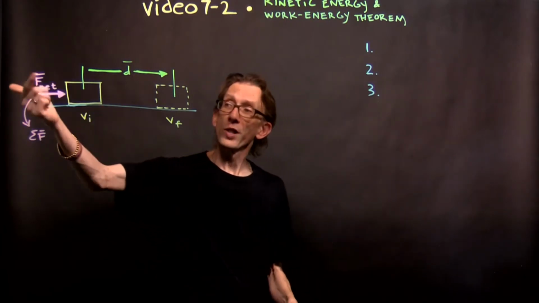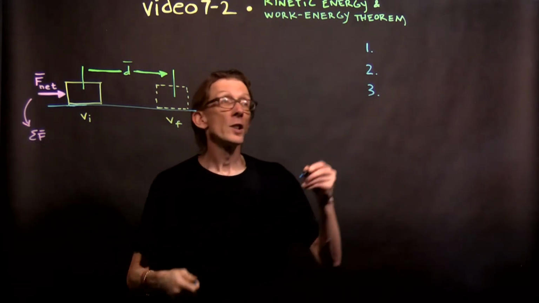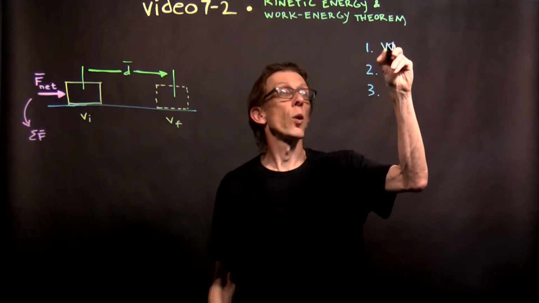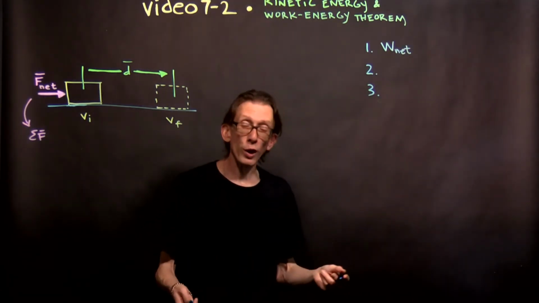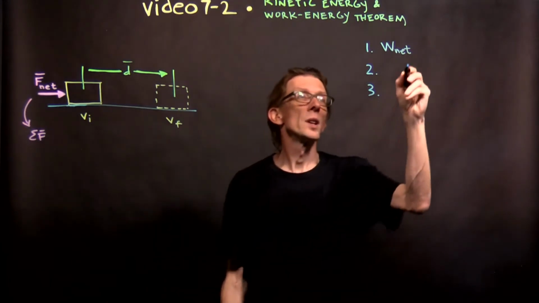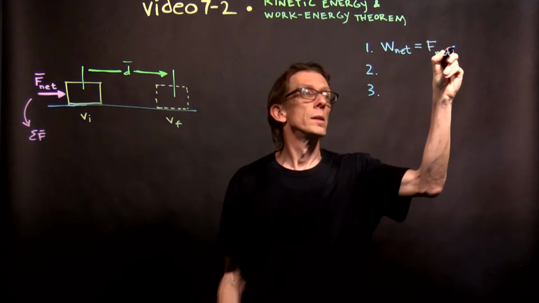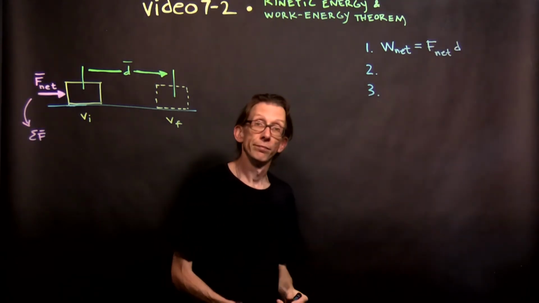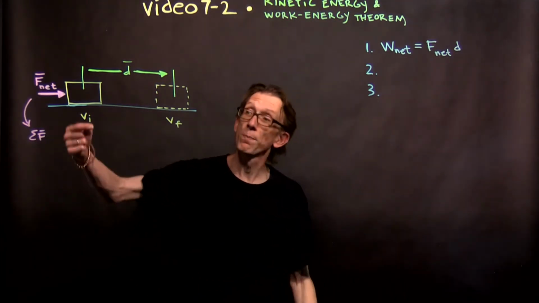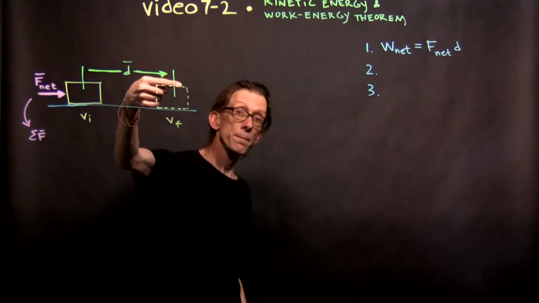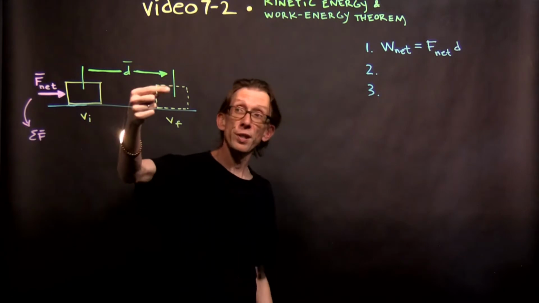And so the net force is to the right, in the same direction as the displacement. That means that the net work, or the total work, the sum of all the works, is going to be equal to F net times d. The reason there's no cosine theta here is that both the displacement d and the force in question, the net force, are in the same direction.